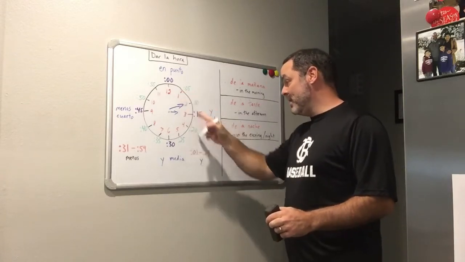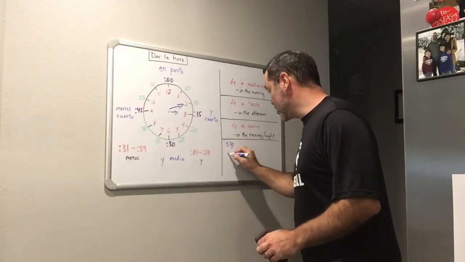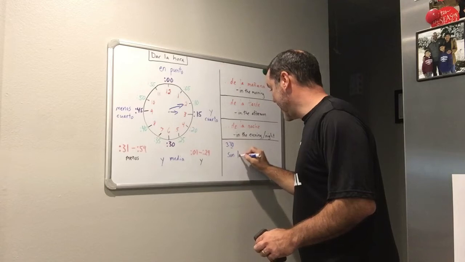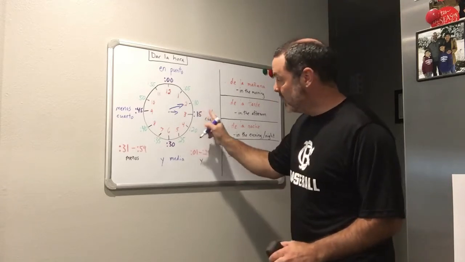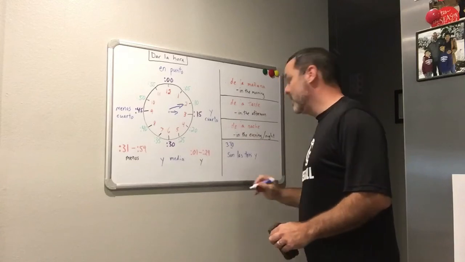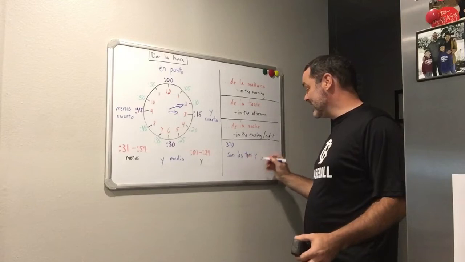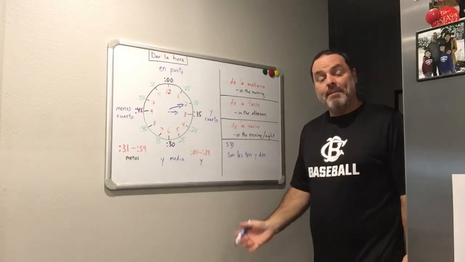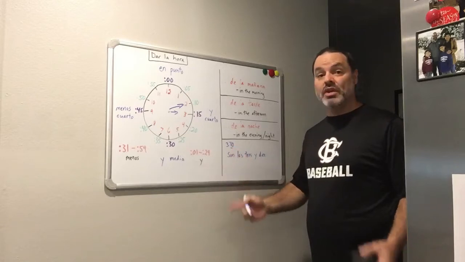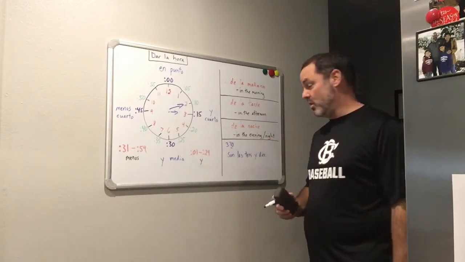So I see that my minutes are in between 0 and 30. So I'm going to say son las, I say the hour first, 3. I have to use the word y, and now I'll just use the number. Since it's 10, it would be son las 3 y 10. And that basically translates to it is 3 and 10 minutes. So far, so good? I hope so.